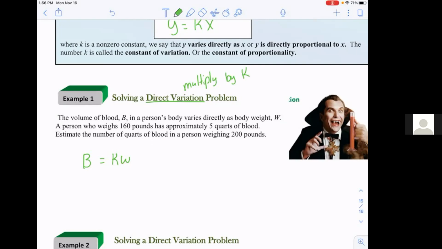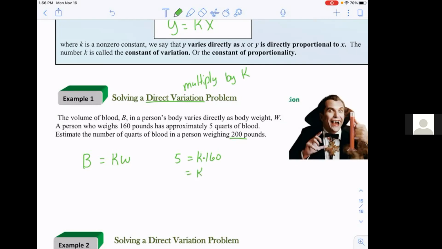Now it tells me a person that weighs 160 pounds has approximately 5 quarts of blood. Estimate the number of quarts in a person that weighs 200 pounds.